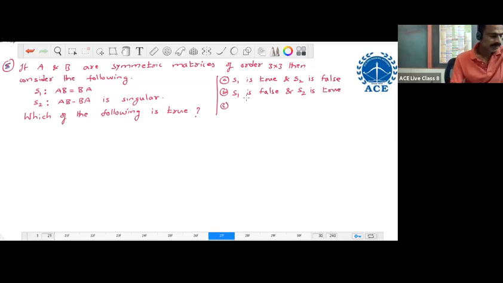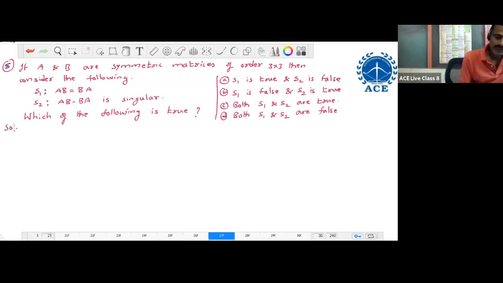Option C, both S1 and S2 are true. Option D, both S1 and S2 are false.